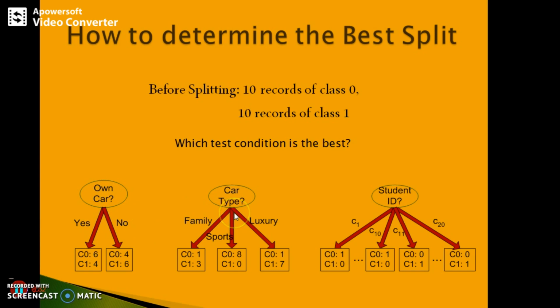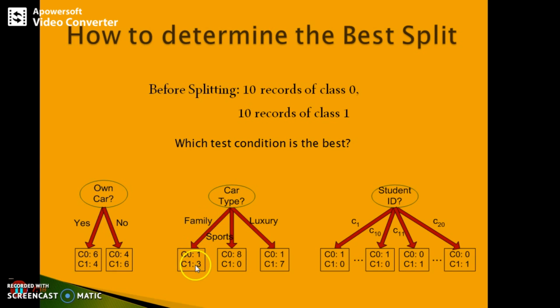Go to the next one, car type. One of the values is family, the other is sports, and the third is luxury. Just see here, if the car type is family, there is 1 record which belongs to class C0 and 3 records belonging to class C1 that satisfy the given condition, car type is family.